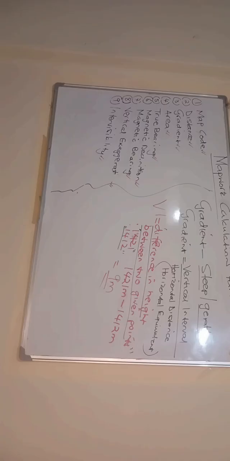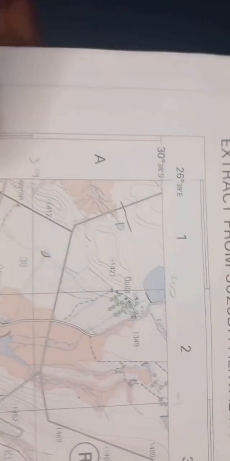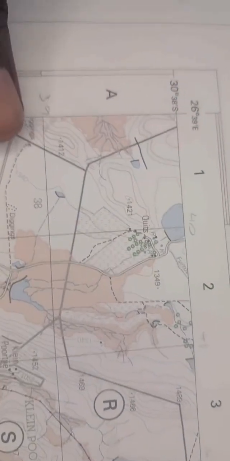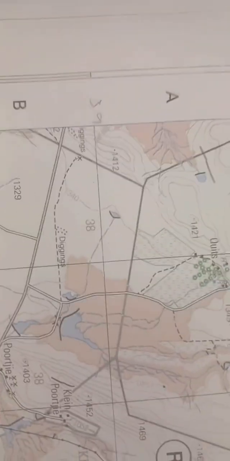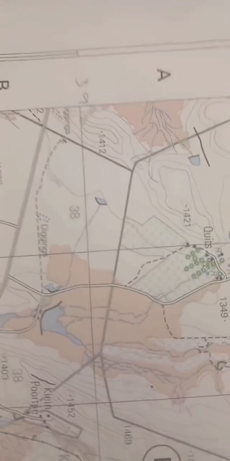We have chosen two spot heights from our map, 1421 and 1412, and we have just subtracted. Remember, a spot height is a height indicator shown on the map, showing the height above sea level.